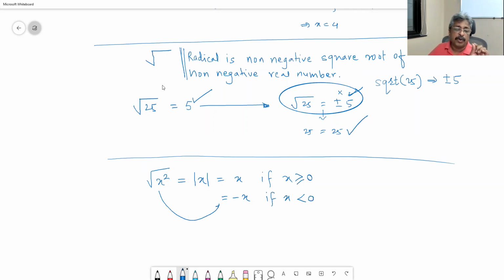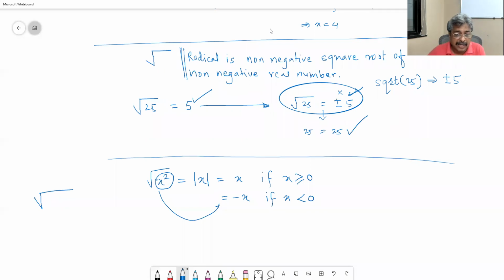If you are applying the radical sign, then you must follow this definition. It is the non-negative square root of a non-negative real number. It is understood. Nobody will come and tell you that this is the non-negative square root of a non-negative number. It is the meaning of that itself. Therefore, the moment you put something inside the radical sign, it must be non-negative. That is one condition which you need to obey every time you write the radical sign.